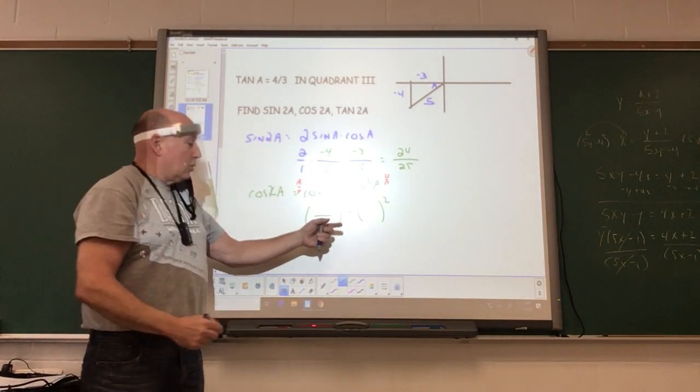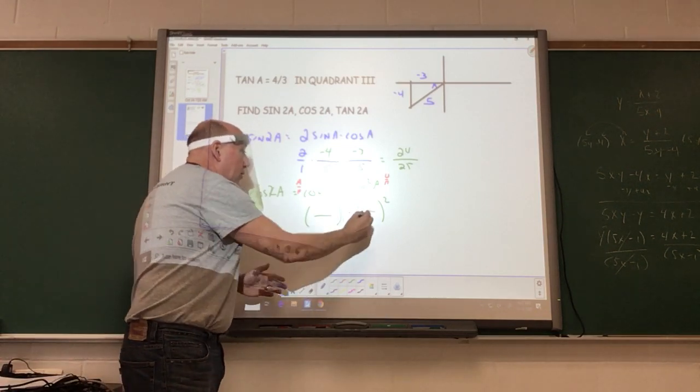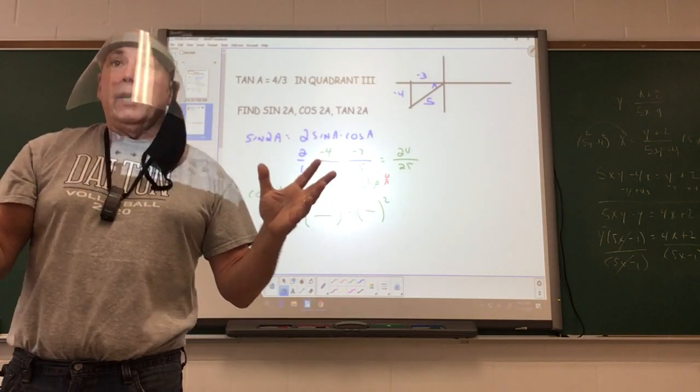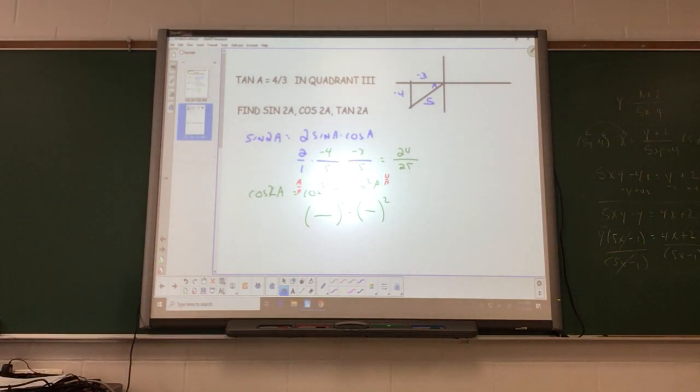My hypotenuse is going to be in both of my denominators, and to be able to subtract two fractions, I need to have a common denominator. Well, this will give me the common denominator. So I find the cosine of A, I find the sine of A, and then I square all my quantities. And once again, it will automatically give you a common denominator, which is nice.